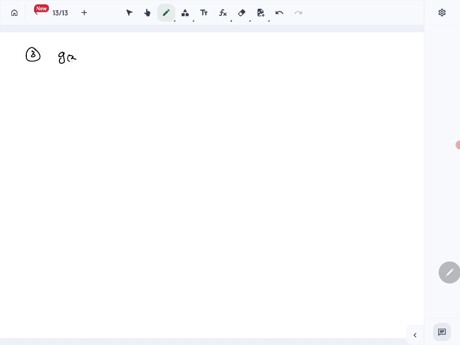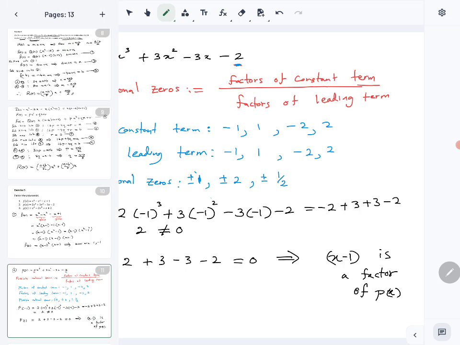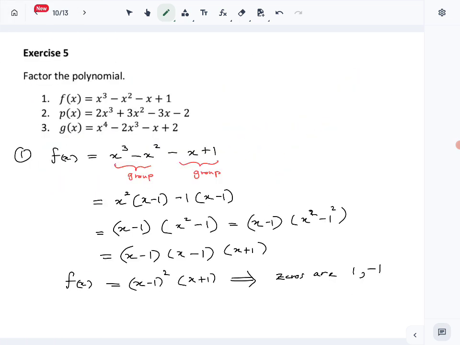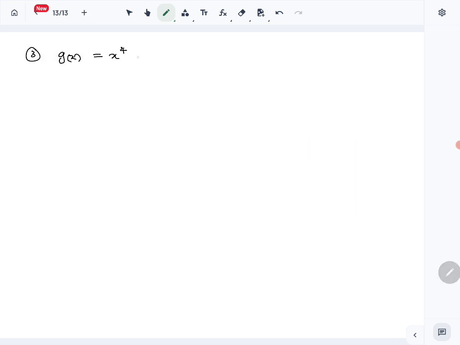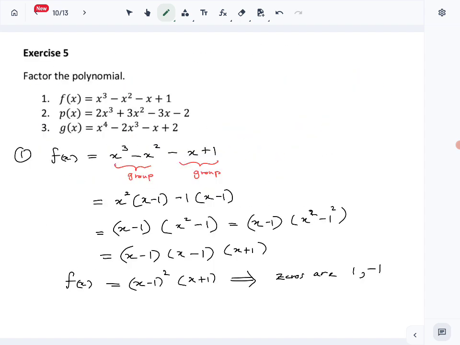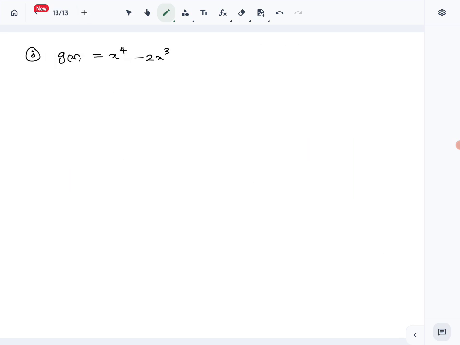G of x is x to the 4 minus 2x cube minus x plus 2. The first two terms, minus 2x cube, and the other two, minus x plus 2.